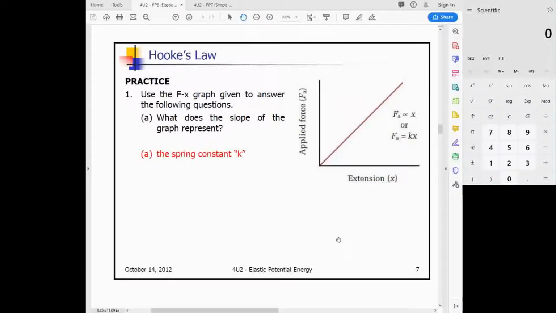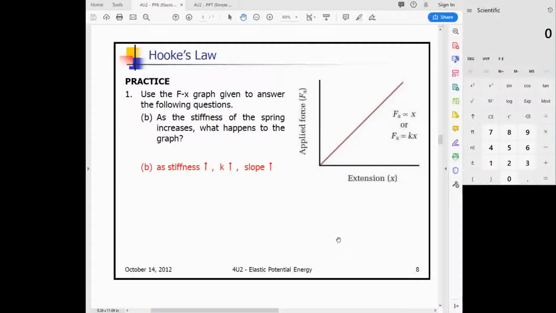Now in this graph, if you remember from your grade 9 math courses, the slope of this linear function, this is y equals mx plus b, where our b is 0, so it's y equals mx. And if you consider y to be Fa, then m would be the k. So the slope of this graph would represent the spring constant.